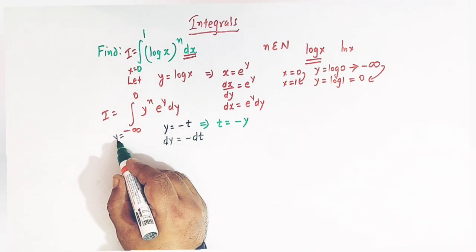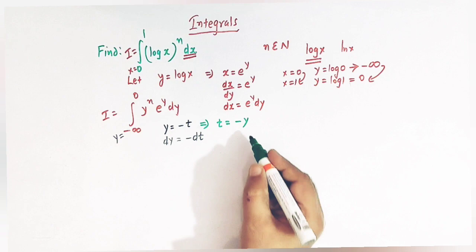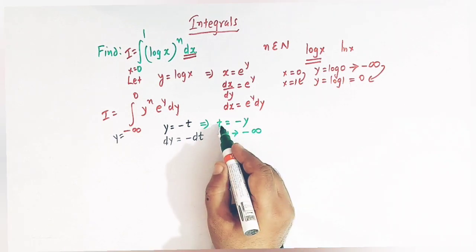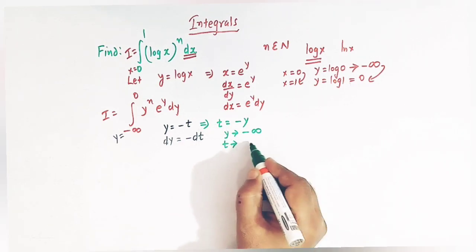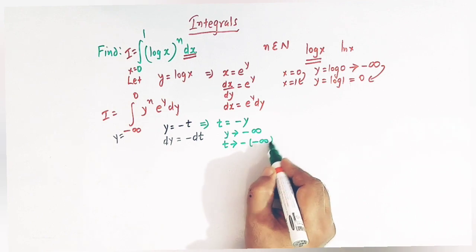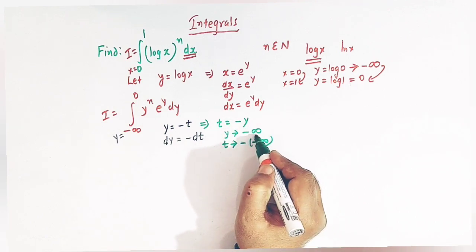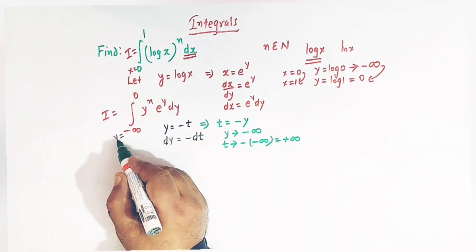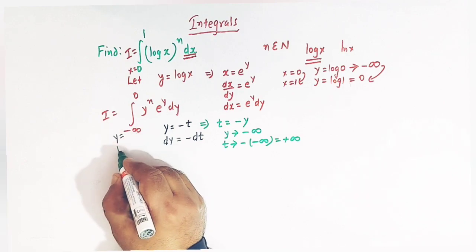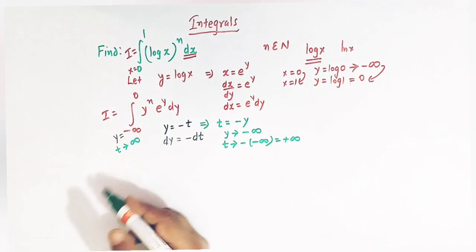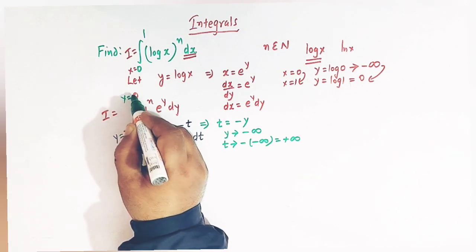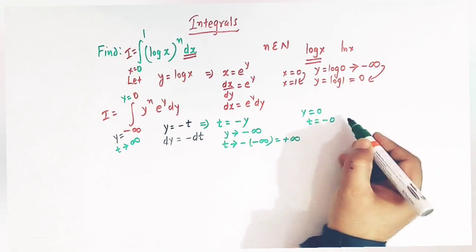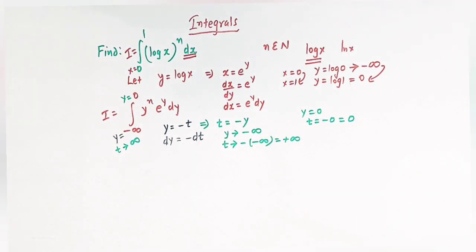When y is equal to minus infinity, or in other words when y tends to minus infinity, then t tends to positive infinity, right? So when y tends to minus infinity, then t tends to infinity. And similarly, when y is equal to 0, then obviously t is equal to minus 0, that is equal to 0, right?